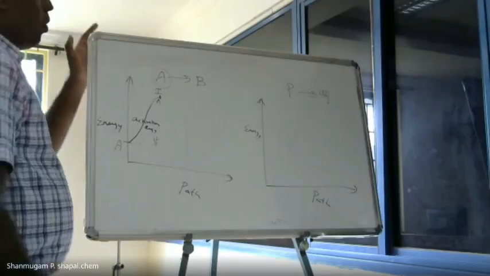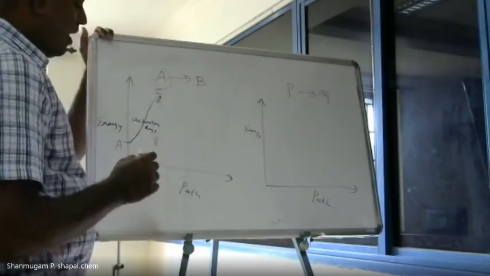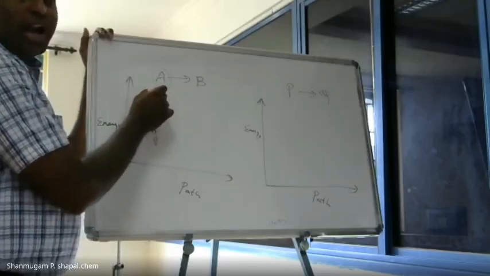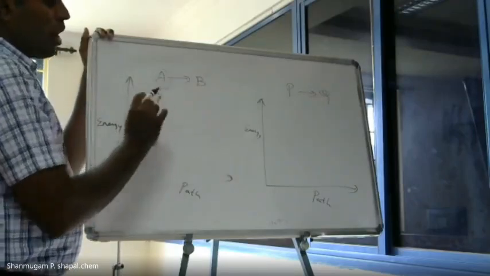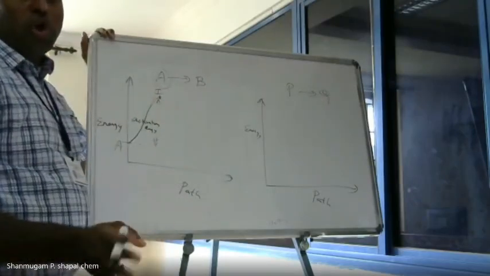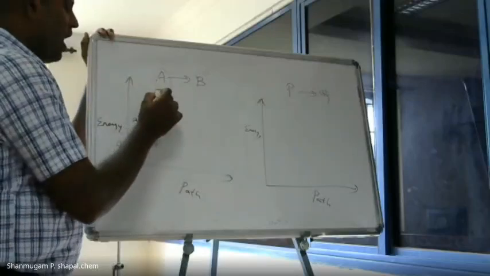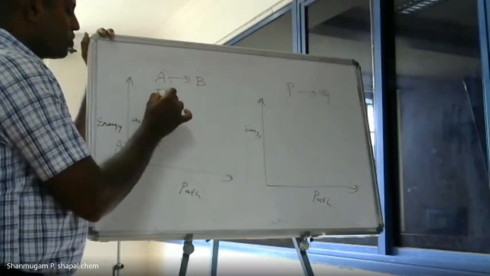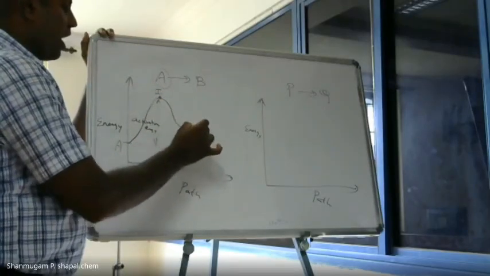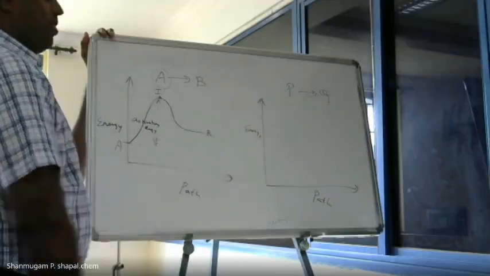Once you reach a certain position, it will try to convert into product on its own. So you don't need to do anything after this. It will start to push to a certain level, and you get B here.